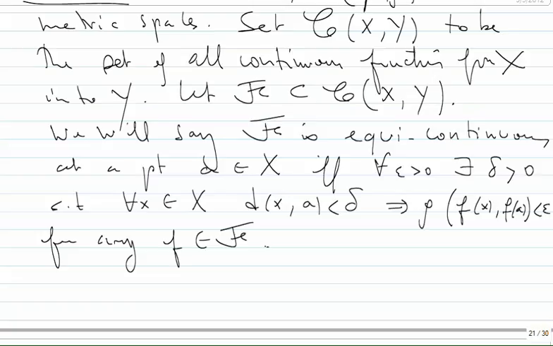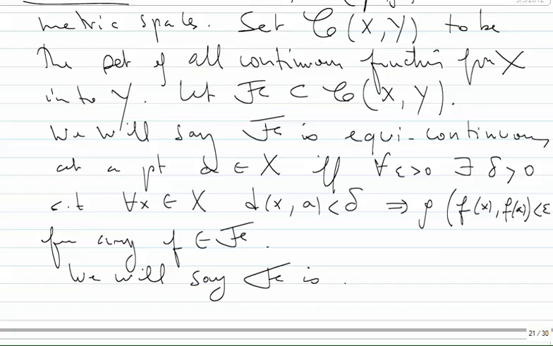And we will say F is equicontinuous everywhere if it's equicontinuous at any point. So this is the local definition, and then we have the global definition.